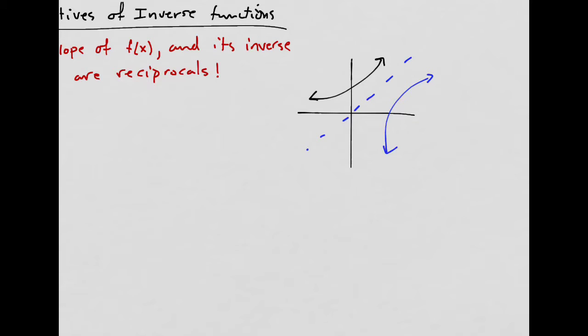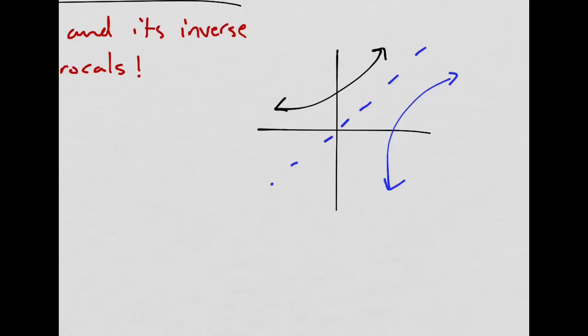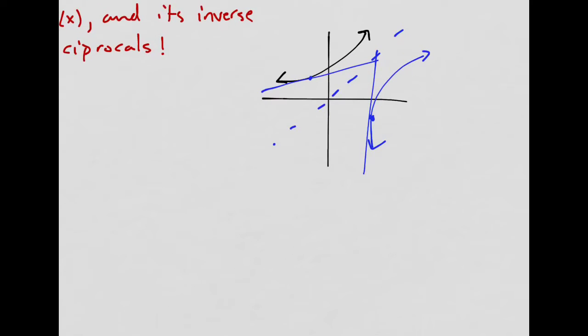So it looks like that. The slope here and the corresponding slope on the inverse: that slope is going to be the reciprocal of that slope.